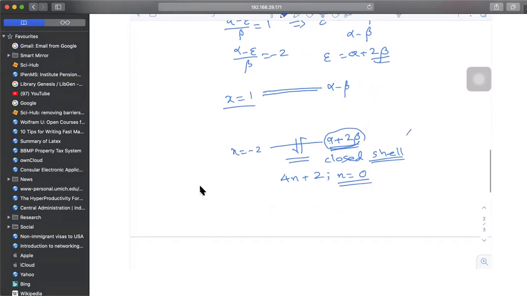So therefore, the total energy of the system will be, sorry, not 4 alpha, but 2 alpha plus 4 beta.